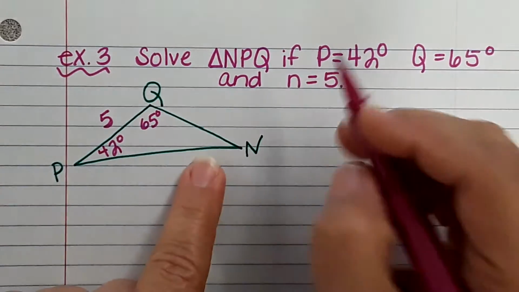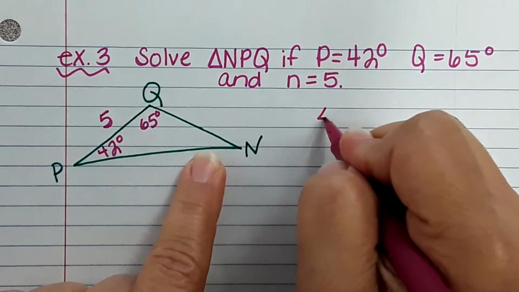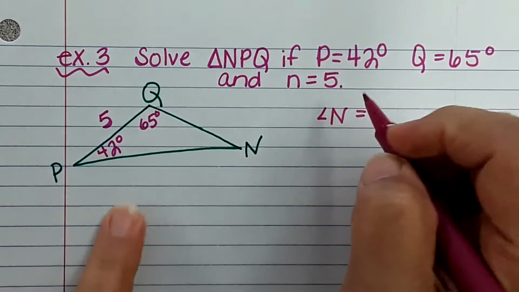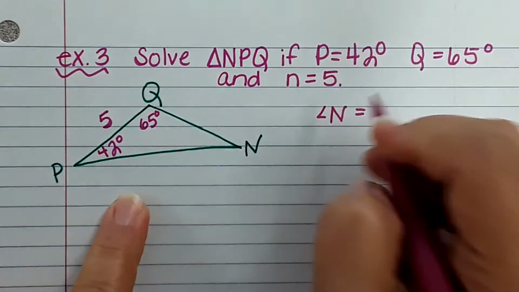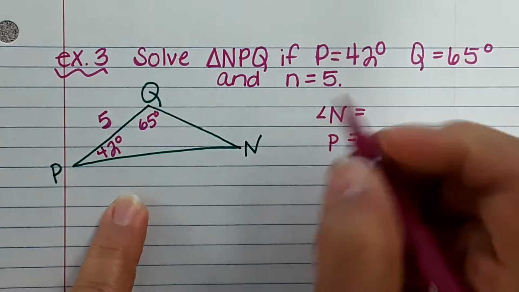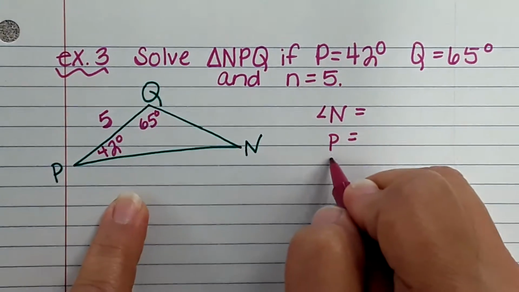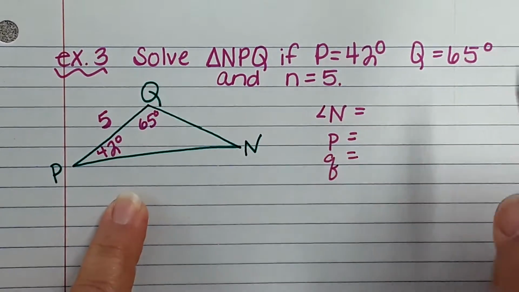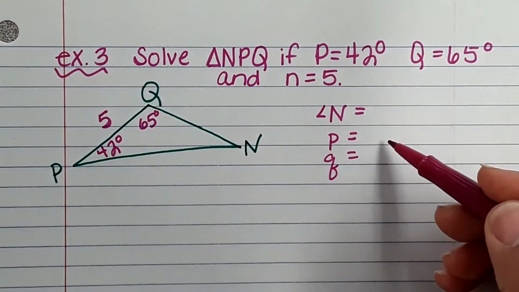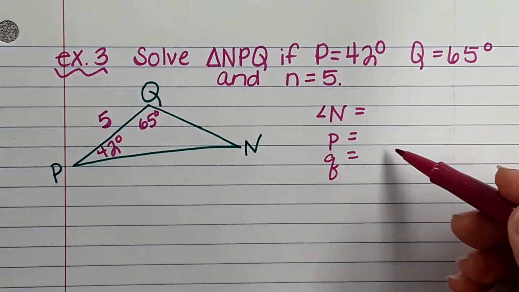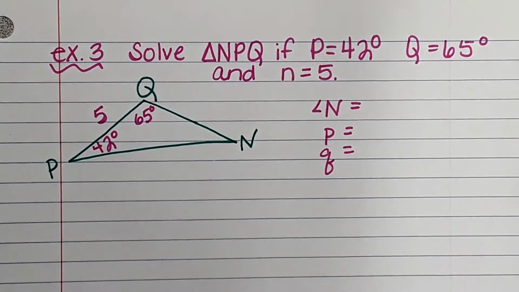So we need to find angle N. We need to find lowercase p, and we need to find lowercase q. So we need to find one angle and two sides. Let's start with the one that we can find right off the bat.